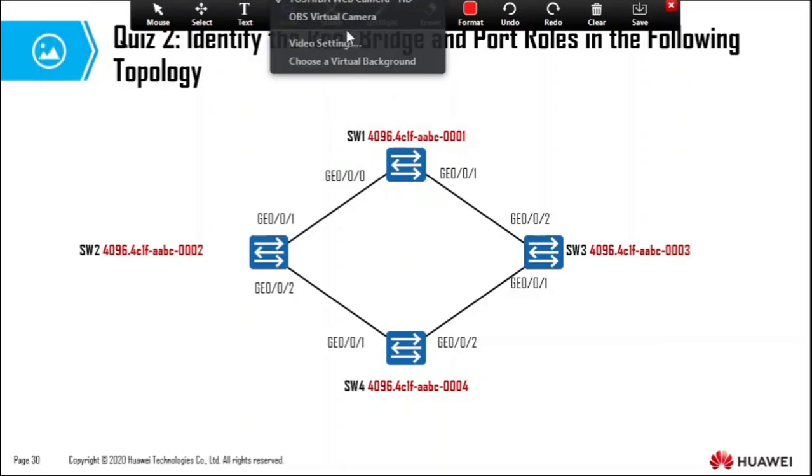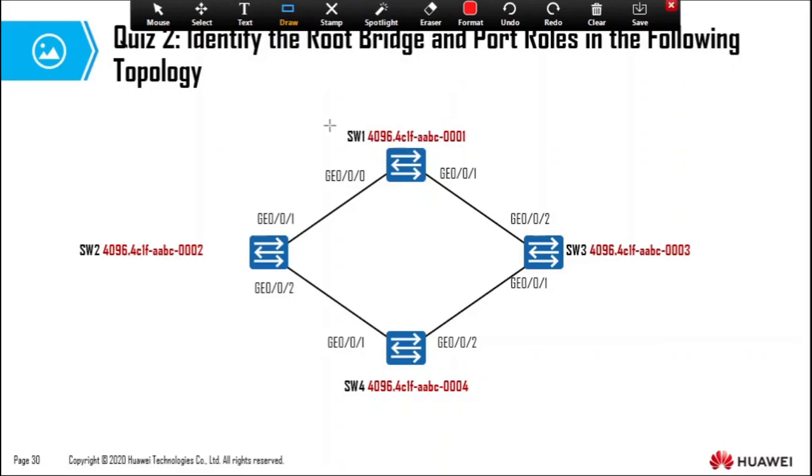Okay, so let's do this quite fast. Do you all agree that this is the root bridge? G000 on S1, port role designated, right? All ports on the root bridge are designated, right?